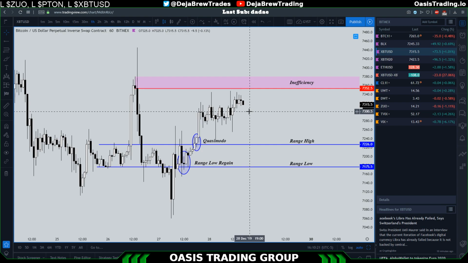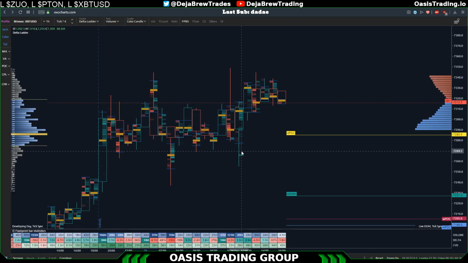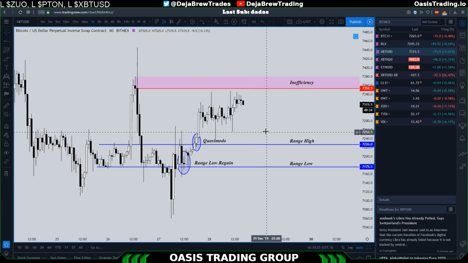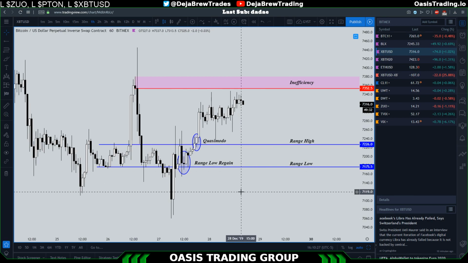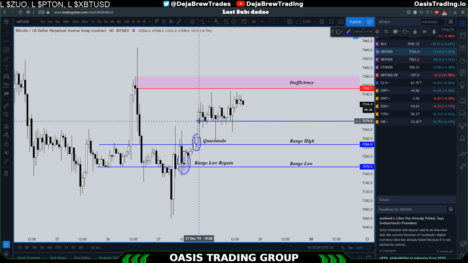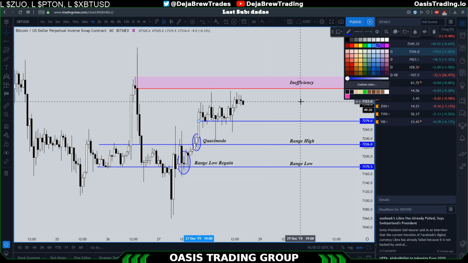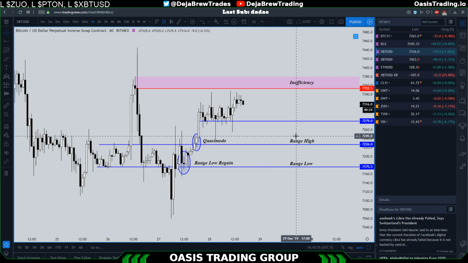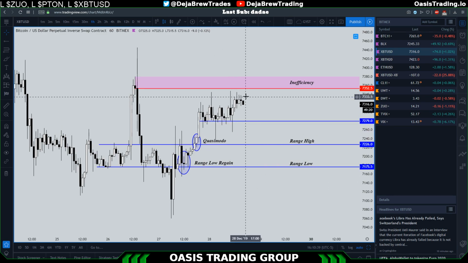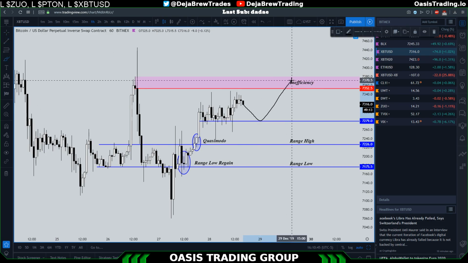Not likely, though. Where's the daily POC? It's at 72.85. I could see that. It's basically the range low here. So you do have like a distribution low. We could hit that and then bounce. Not very likely, though.